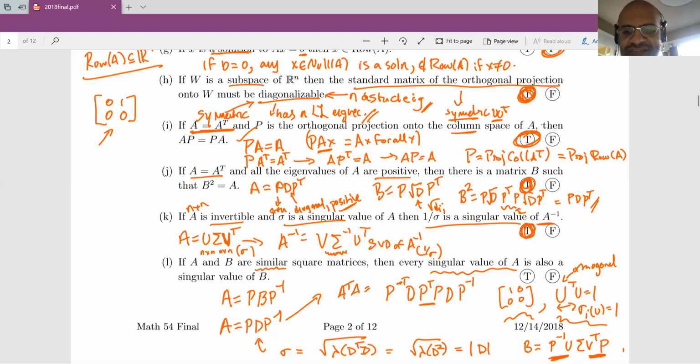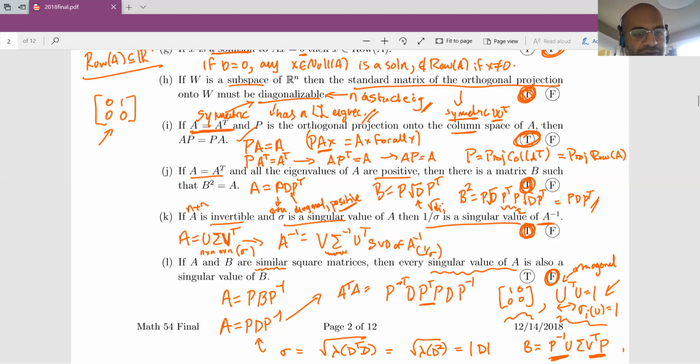So it's another manifestation of that same fact. So this is false. The calculation is done in the written solution. You can look at it there. Any questions? That was like the hardest question on the exam, but actually something that comes up a lot in practice: similarity doesn't preserve singular values. Any questions?